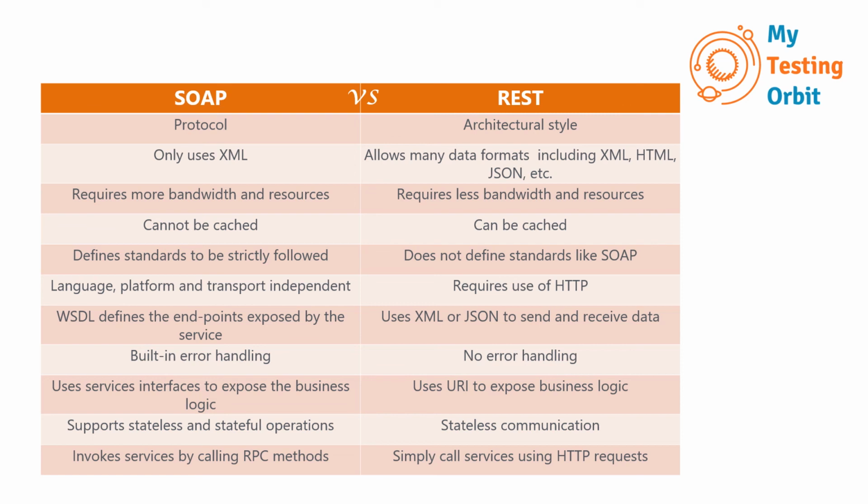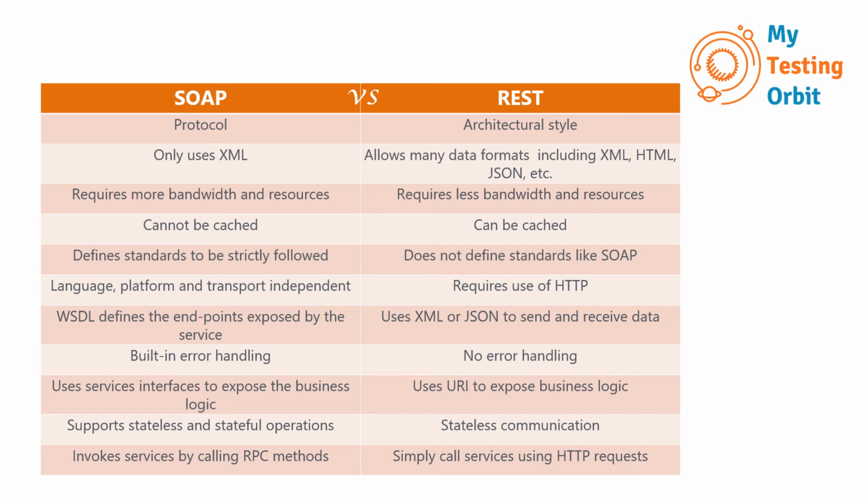SOAP cannot be cached, REST can be cached. SOAP defines standards to be strictly followed because it is a standardized protocol, while there are no defined standards in REST. SOAP is language, platform and transport independent, while REST requires the usage of HTTP.